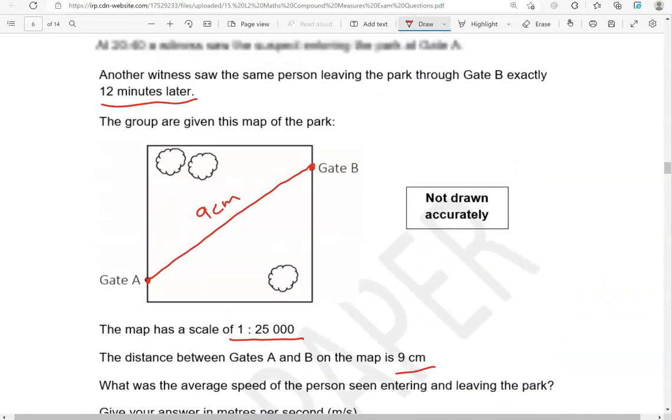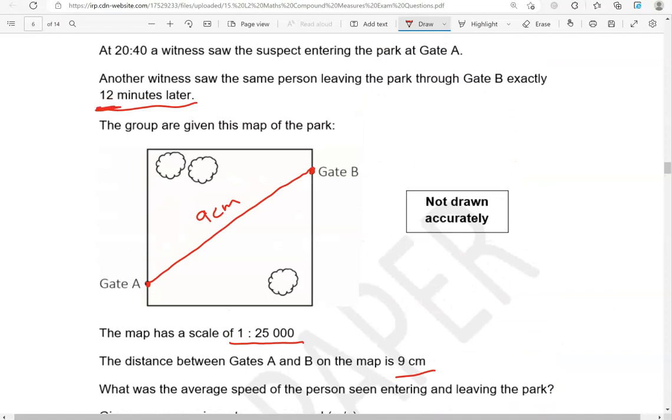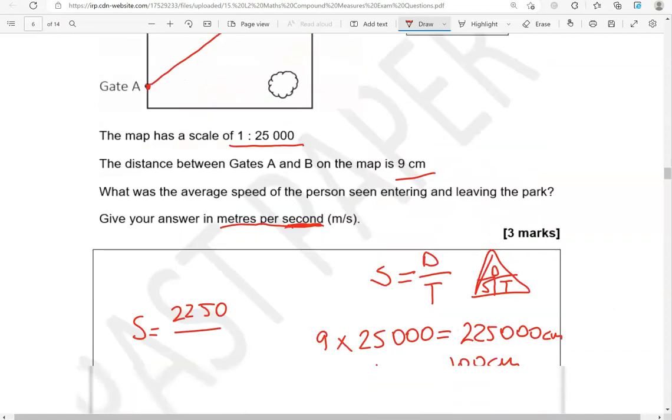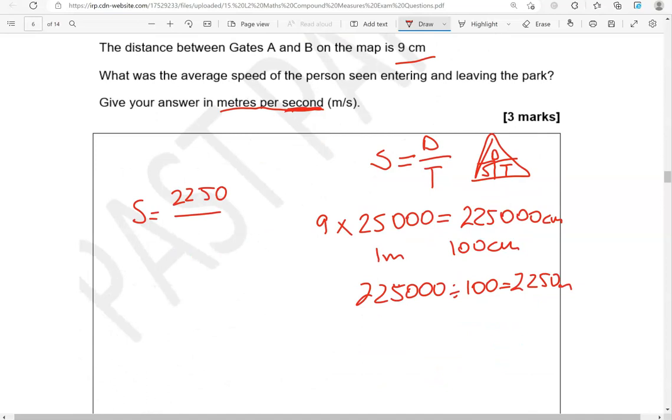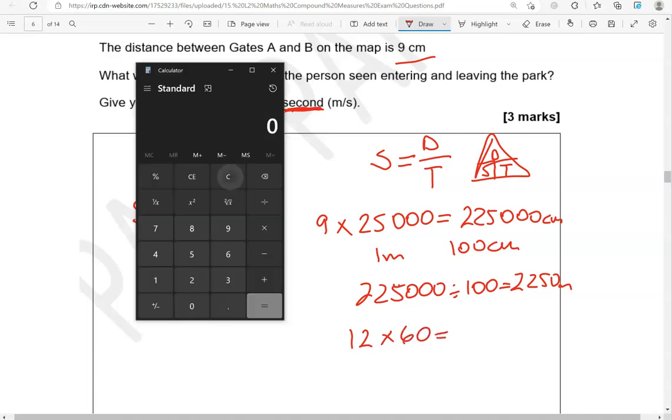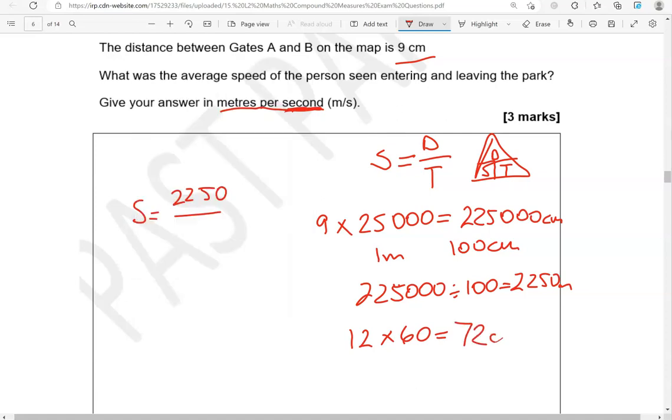We know that it took the person 12 minutes, but we need to give our answer in seconds. So 12 minutes, 60 seconds in each minute. So we're going to do 12 times 60, which is 720.